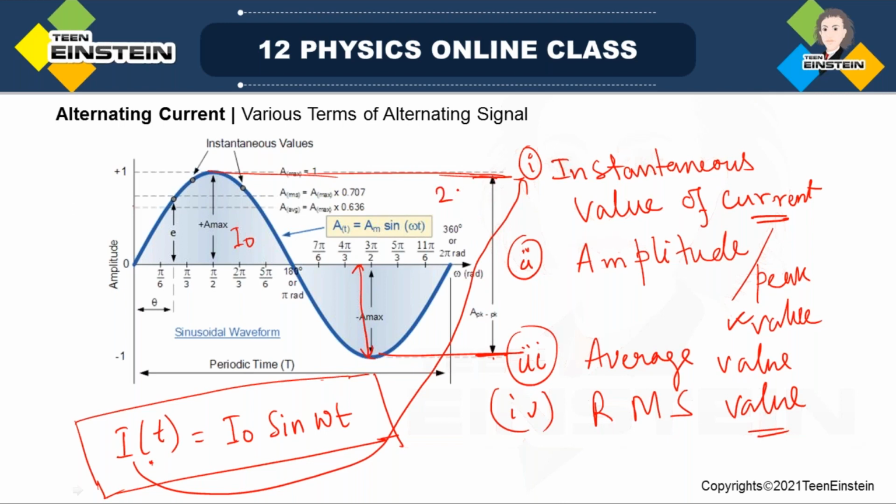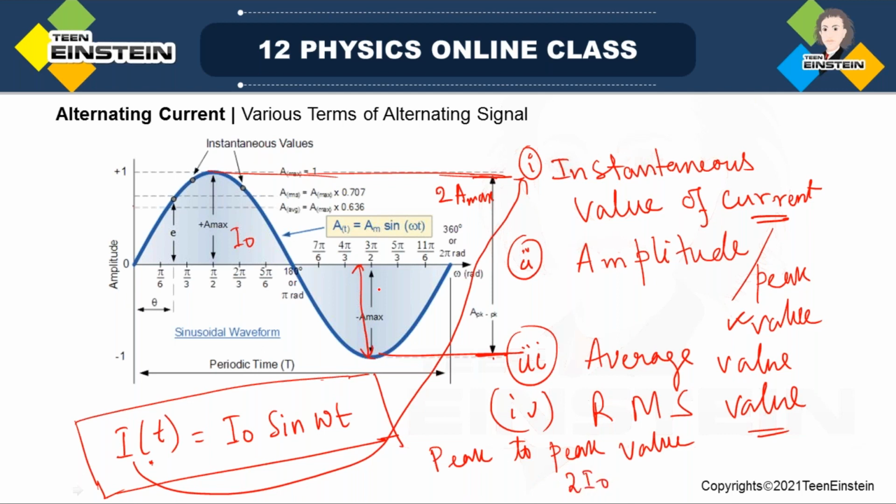The magnitude of the peak to peak value is 2 into amplitude, twice of I max. Okay, peak to peak value is twice of I max, or amplitude, 2I0.